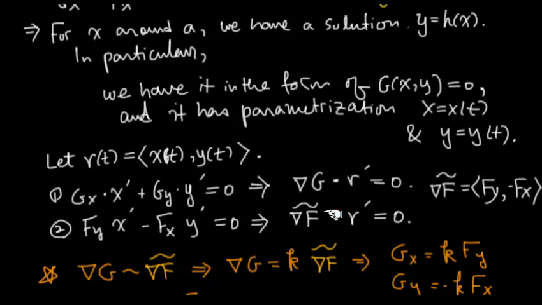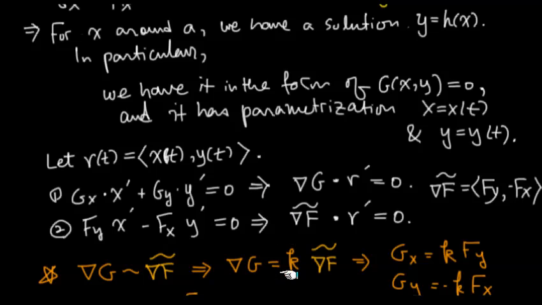If you look at these two things, these two vectors are both perpendicular to the same vector. So that puts us in a situation to conclude that these two vectors are scalar multiples of each other. They're parallel or completely opposite. So you can equate that this gradient of g is a scalar multiple k of the twisted gradient of f, where k depends upon your base point (x, y).